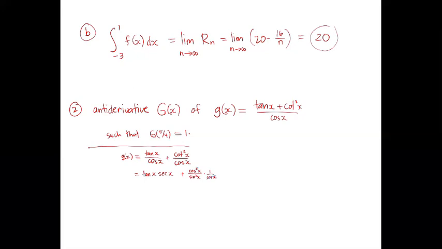So this will be simplified into tangent x secant x plus, you can rewrite this one here as cosine of x over sine of x times 1 over sine of x. And therefore, your small g of x is tangent of x secant of x plus cotangent of x cosecant of x.